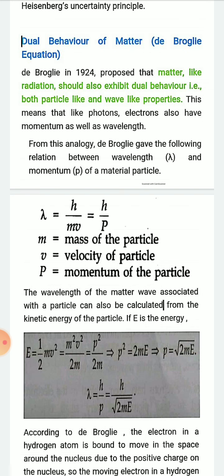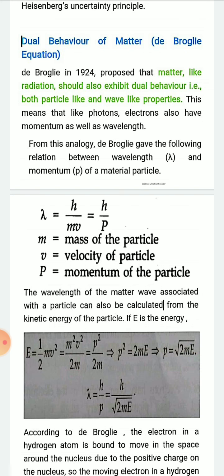That is, according to de Broglie, if an electron or subatomic particles like electrons, very tiny microscopic particles, are moving, then this particle can have both properties, that is particle nature and wave nature.